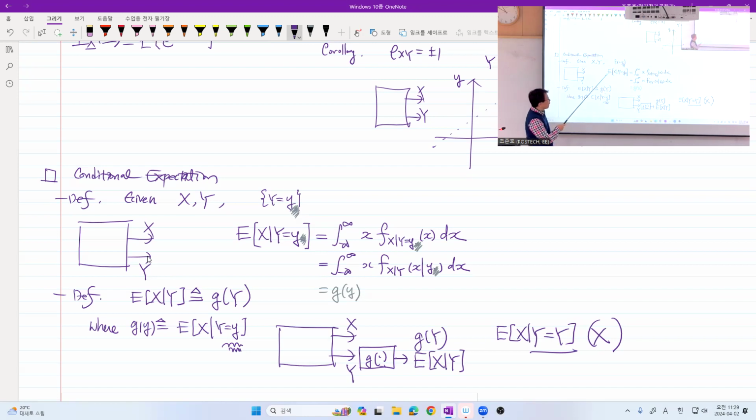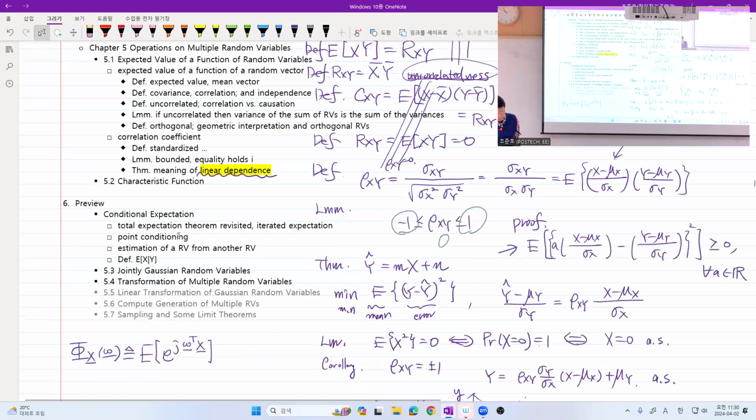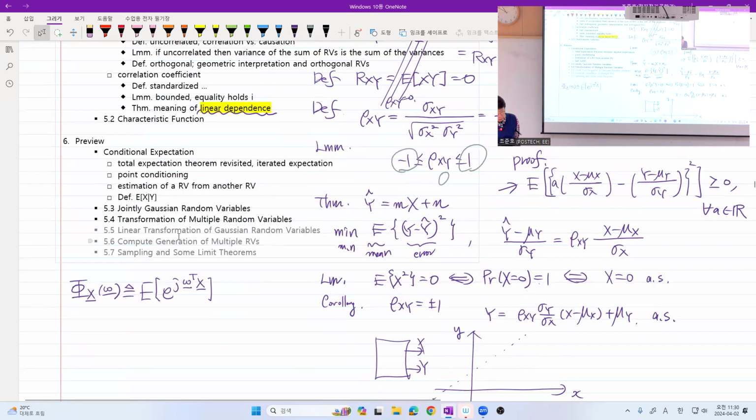This is a function of y, and this, which I'm not going to use, is what? It's not used, but this new notation is used, and that is what? A random variable. So I believe I covered this one and the definition. Okay, point condition.